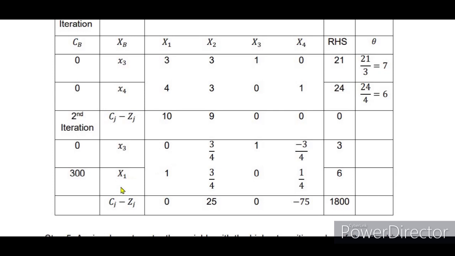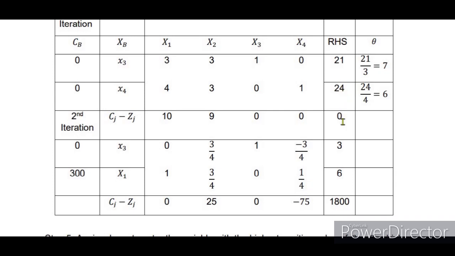So we will simply write x sub 1 in place of x sub 4, and we will just divide everything in the previous row, in the row of x sub 4 in the first iteration, by the pivot element, or the pivot, which is 4. So 4 divided by 4 is 1. 3 divided by 4 is 3/4. 0 divided by 4 is 0. 1 divided by 4 is 1/4.